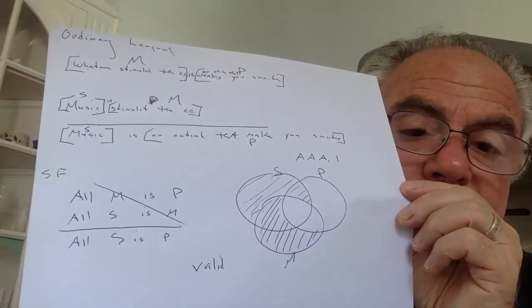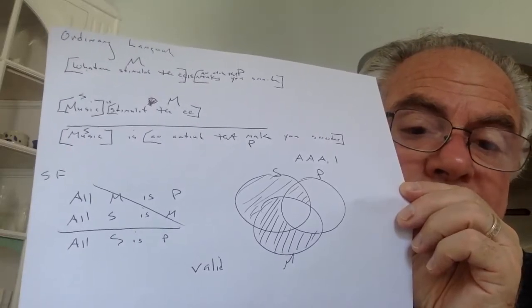Now, how do I use the Venn diagram technique? This is important. I want you to remember what I'm saying right now. There are only two quantities of categorical propositions: universal and particular. A and E are universal.